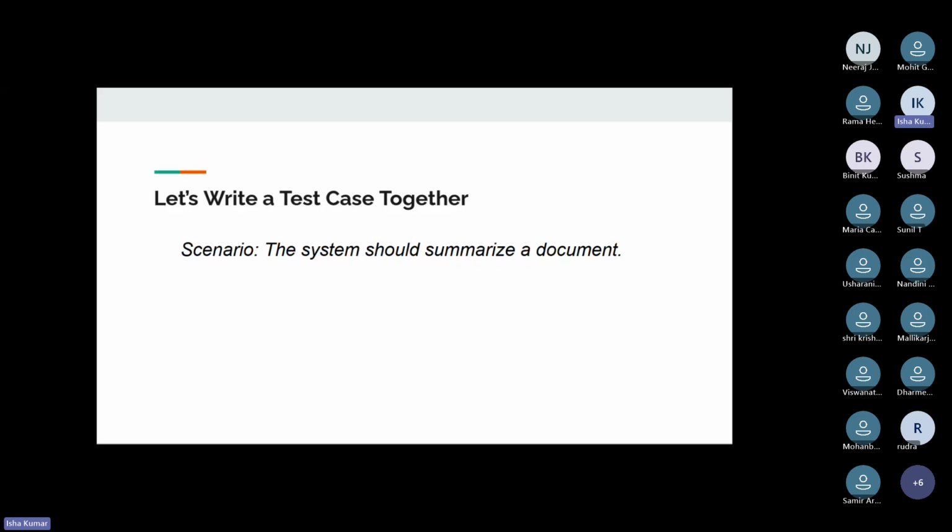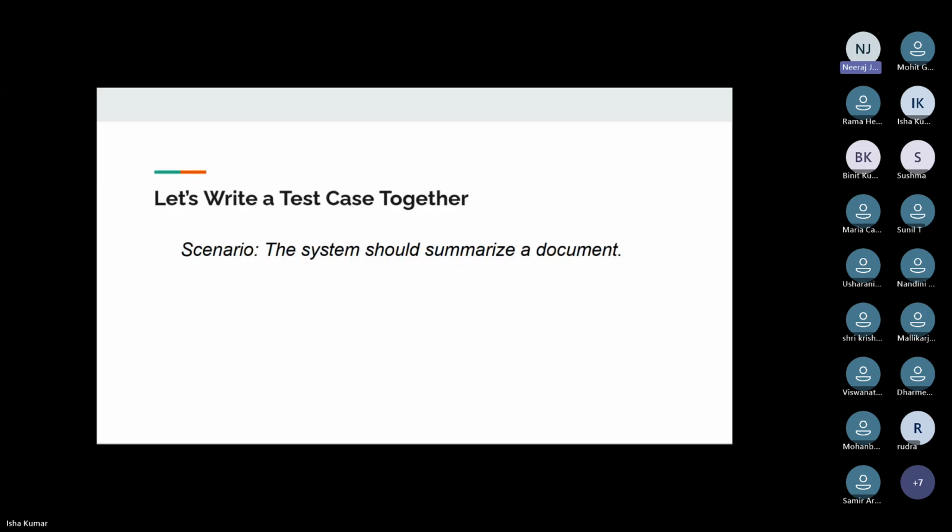What will you put under expected result? Any guesses? Metrics. Okay. In traditional testing, we used to have some expected output, but here we don't know what output will come when we test LLMs.